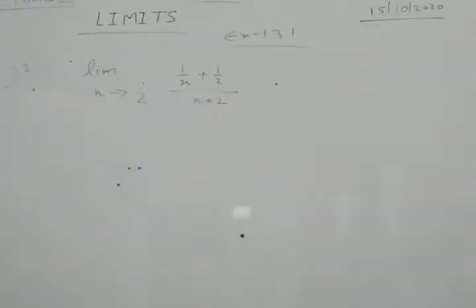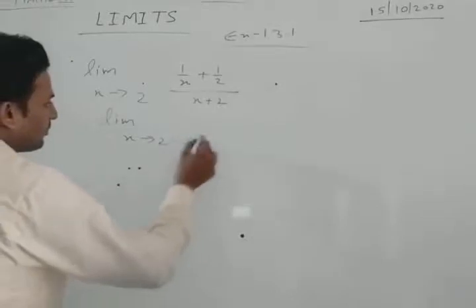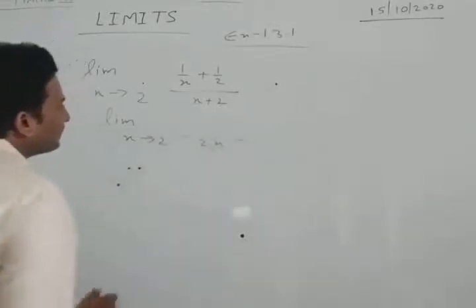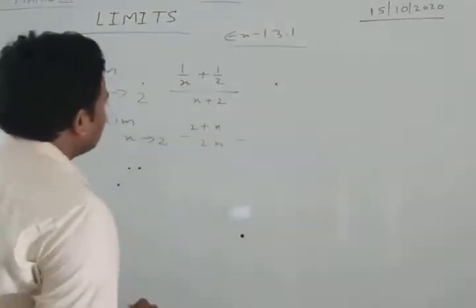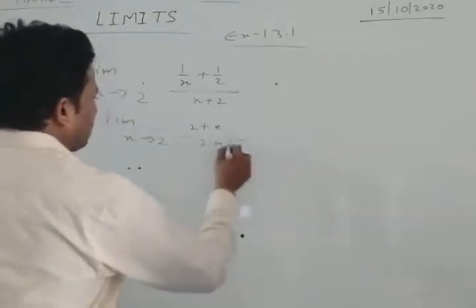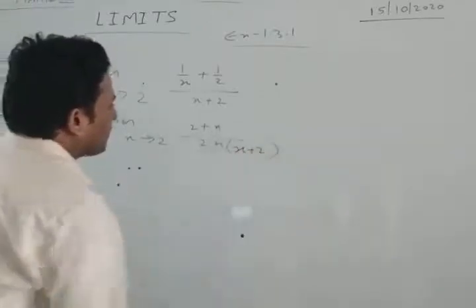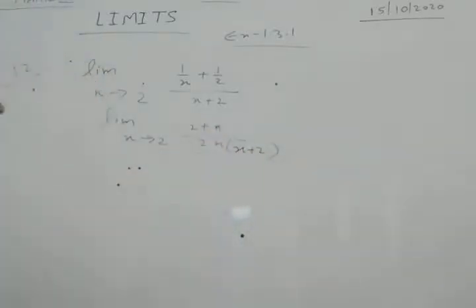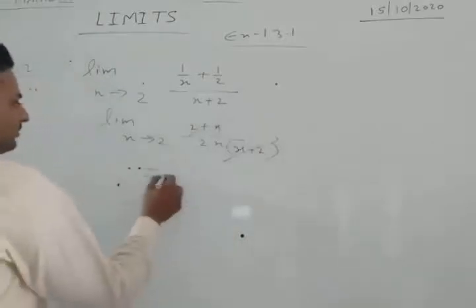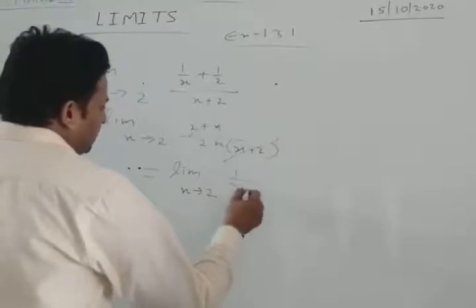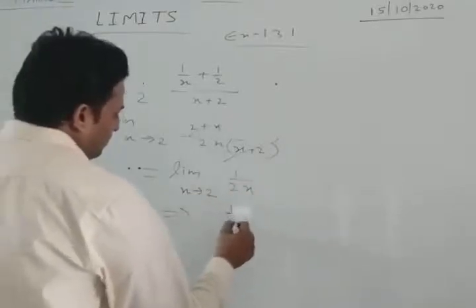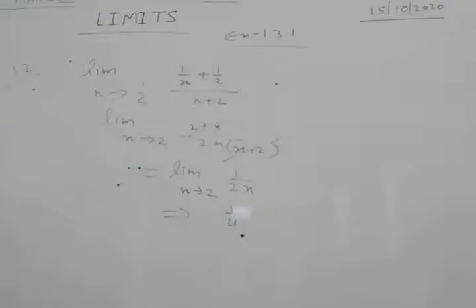So what we will do, we will first take the LCM: limit x tends to 2, (2 minus x) upon 2x, and here x minus 2. Now this will be cancelled with this, so limit x tends to 2 of minus 1 by 2x, so it will be minus 1 by 4.